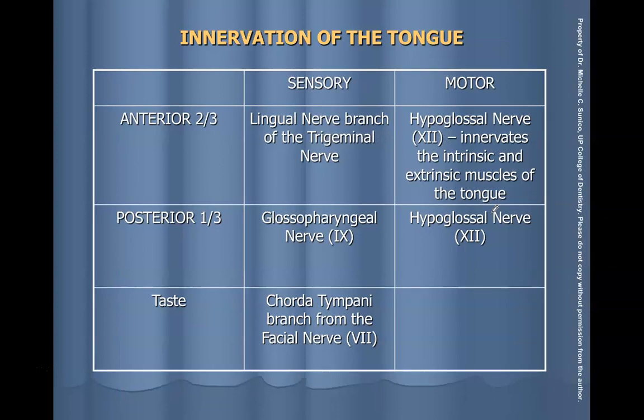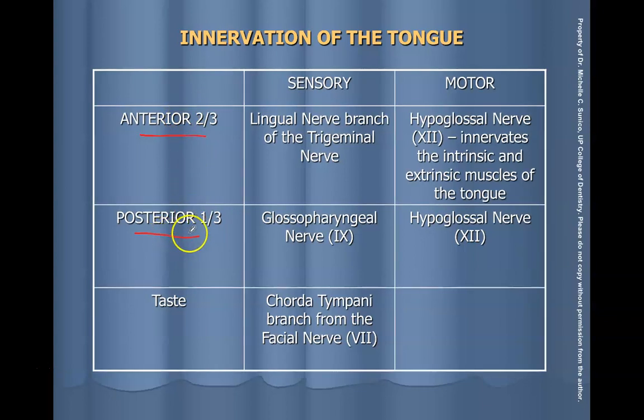Now for the tongue, since the tongue developed from two branchial arches, the innervation is quite complex. Okay, so we divide the tongue, from your lecture. In the oral cavity, the tongue is divided into the anterior 2/3 and posterior 1/3.